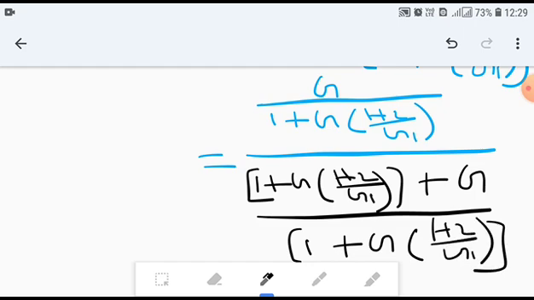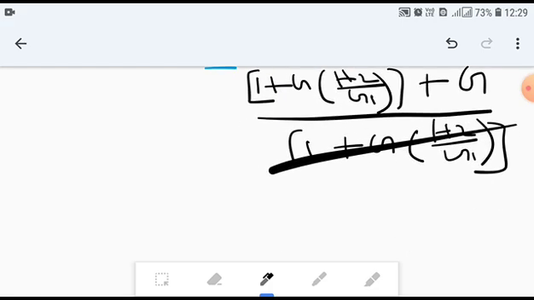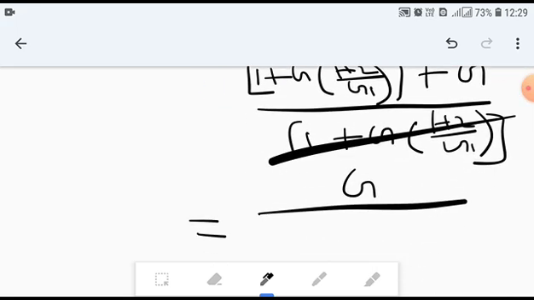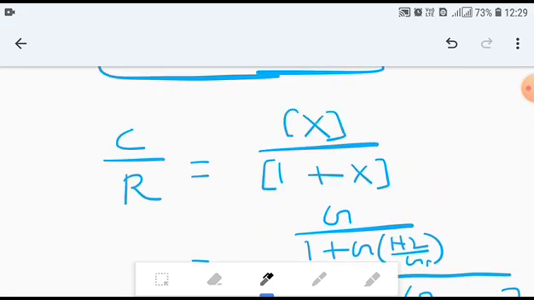Don't be sleepy, so you can cancel this and this, 1 plus G into H2 by G1. Finally we can write it as capital G in the numerator divided by 1 plus G into H2 by G1 plus capital G.